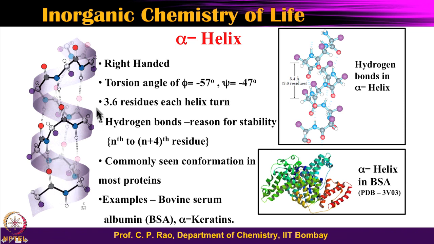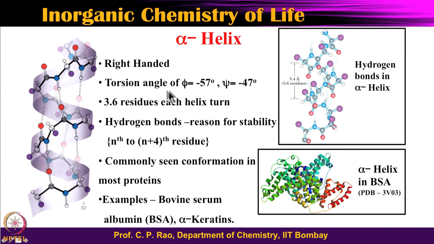The one shown here is a right handed alpha helix, because we are talking about all L amino acids. If you go to D amino acids, the situation will change, let us not worry too much. When you go from here to here, you are bringing a bend. This bend is also referred to as a torsion. On some bonds you have to twist, giving torsions.